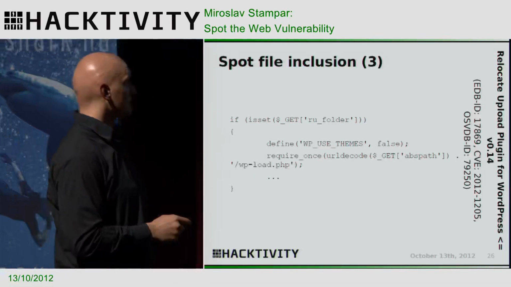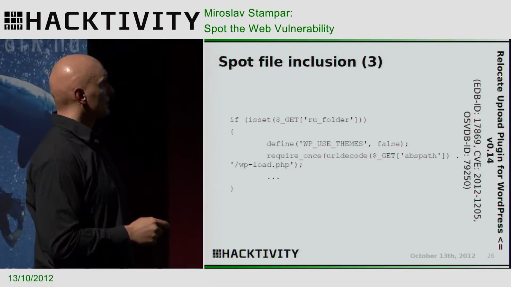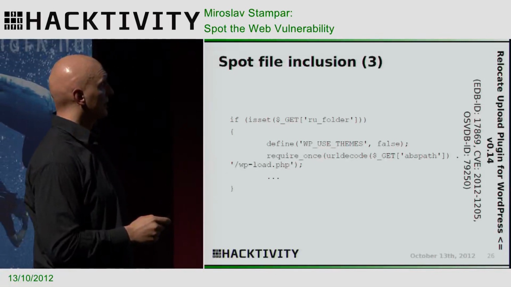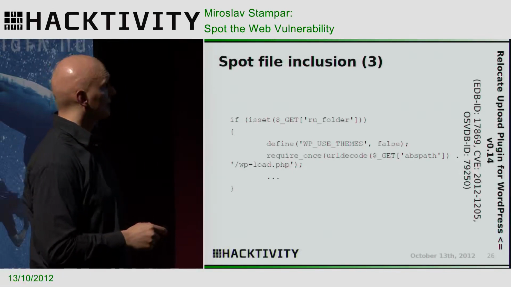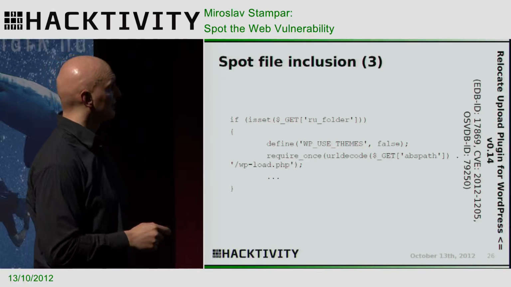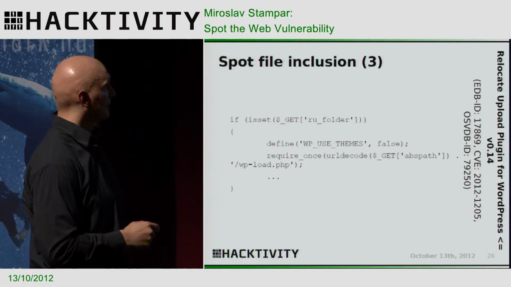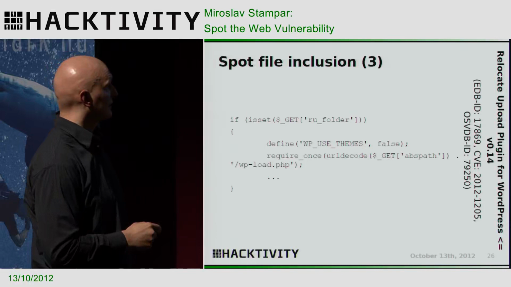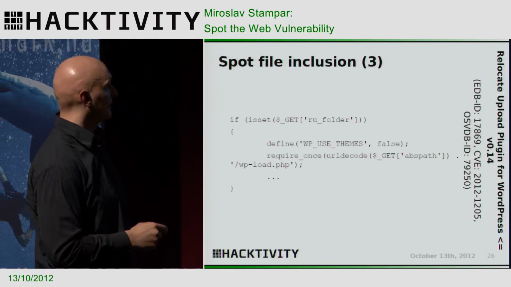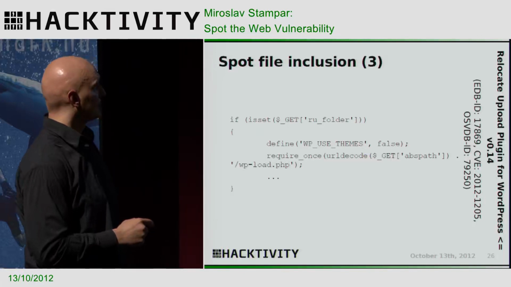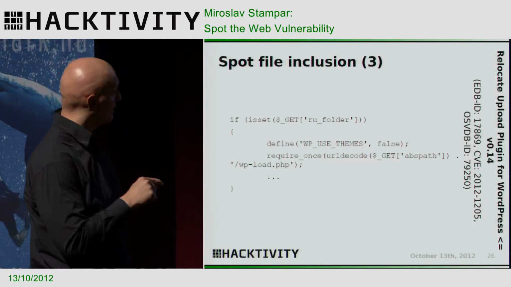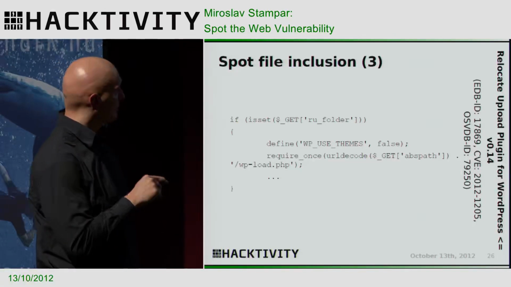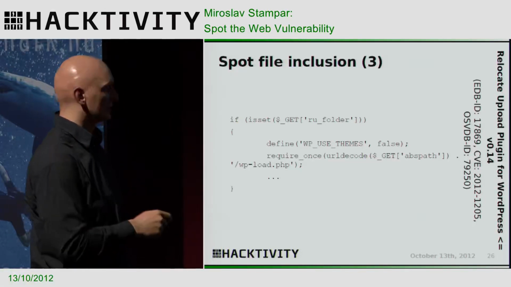So you can just put the web shell on your server and put the path toward it into the abs path. The only thing is that you have to either name it upload.php, or you can use that trick that I stated at the beginning, where you put the dummy get value foo bar equals this.